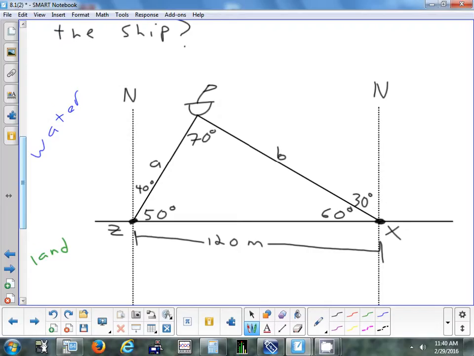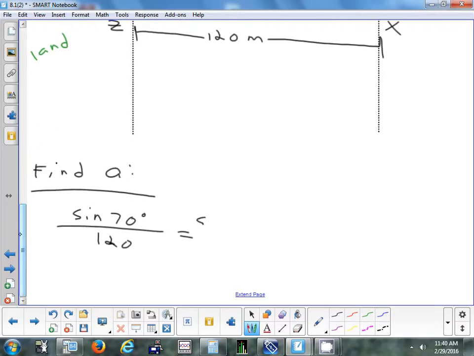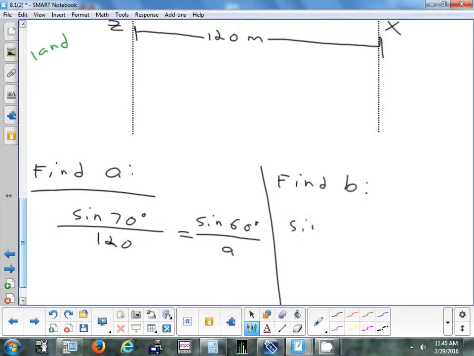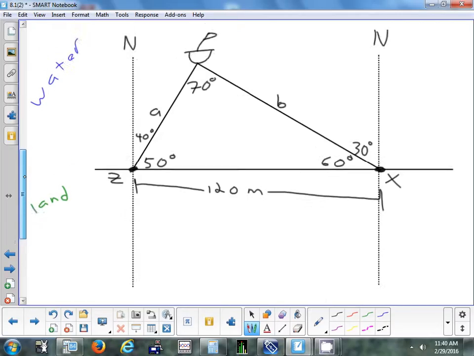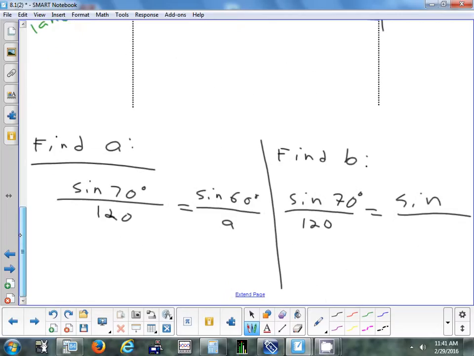Sine 60 over A. Yep, sine 60 over A. And we'll solve that in a second, but let's set it up for B too. Okay, we're going to reuse that sine 70 over 120. Okay, what's going to go on the other side of this proportion to find B? Sine 50 over B.